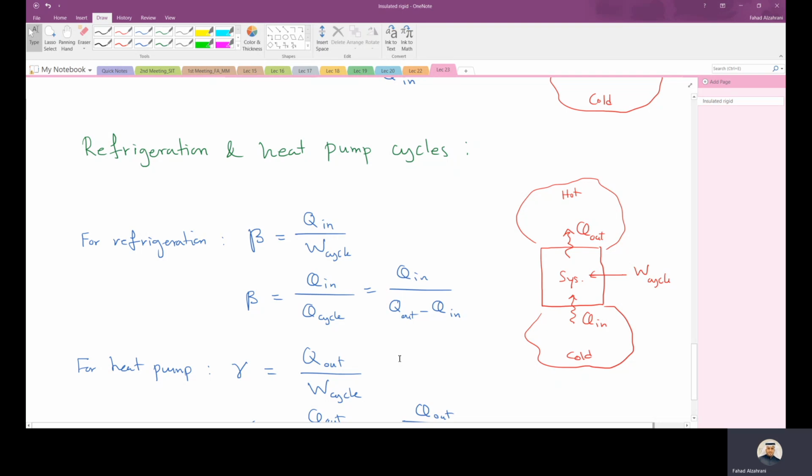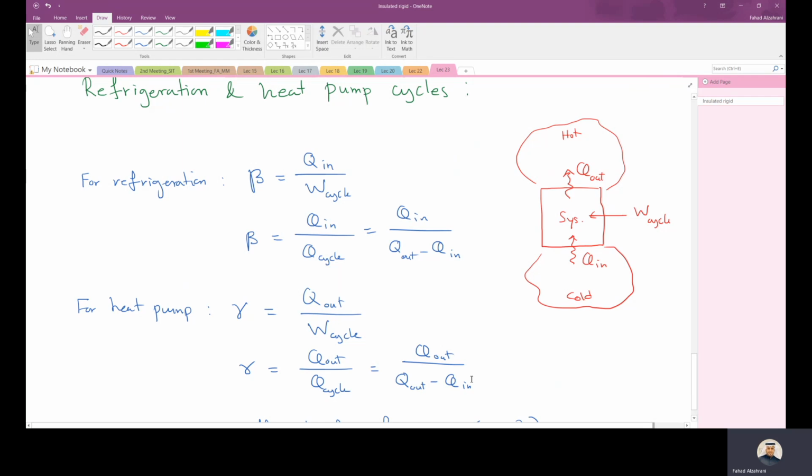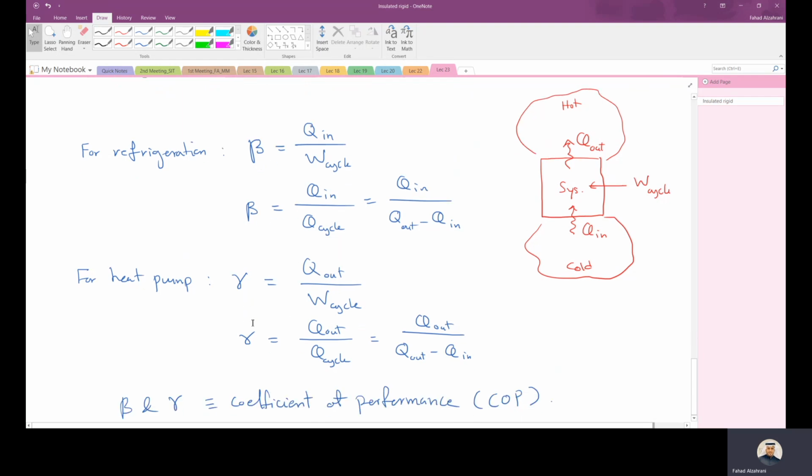For the heat pump cycle, the objective is different. The objective is to heat this body, which is the Q out. So basically my desired output is Q out in this case, and the input is the same, which is the work of the cycle here. So Q out over work of the cycle is eventually Q out over Q out minus Qin, and this is gamma. So beta and gamma are called coefficient of performance.